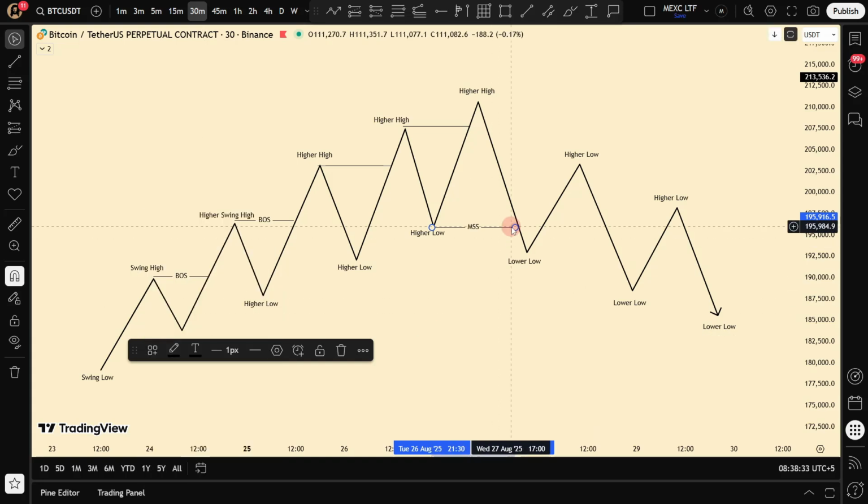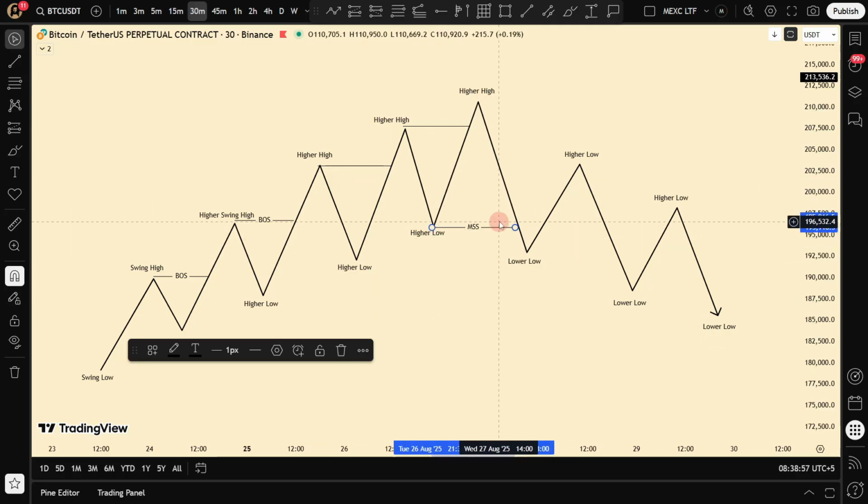So now I label it as MSS. What is MSS? MSS is basically once we create a higher high and we have a confirmed low, a protected low, and if the price comes down, breaks the protected low, then we call it a market structure shift.